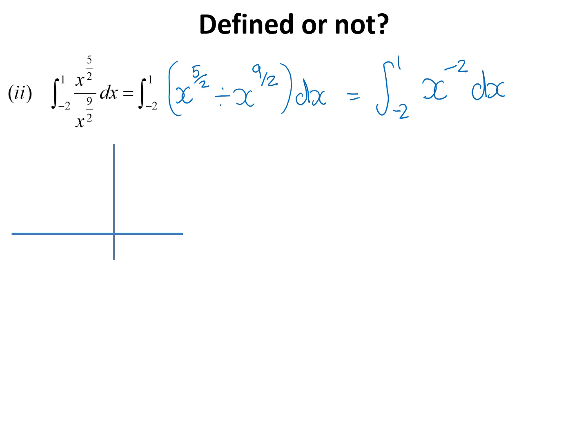Right, so integrating that. Oh, no, not integrating that. If I draw the picture of that, what's the problem? Well, that's that graph, isn't it? Let me just check, because I'm notorious for getting it wrong. X to the negative 2.